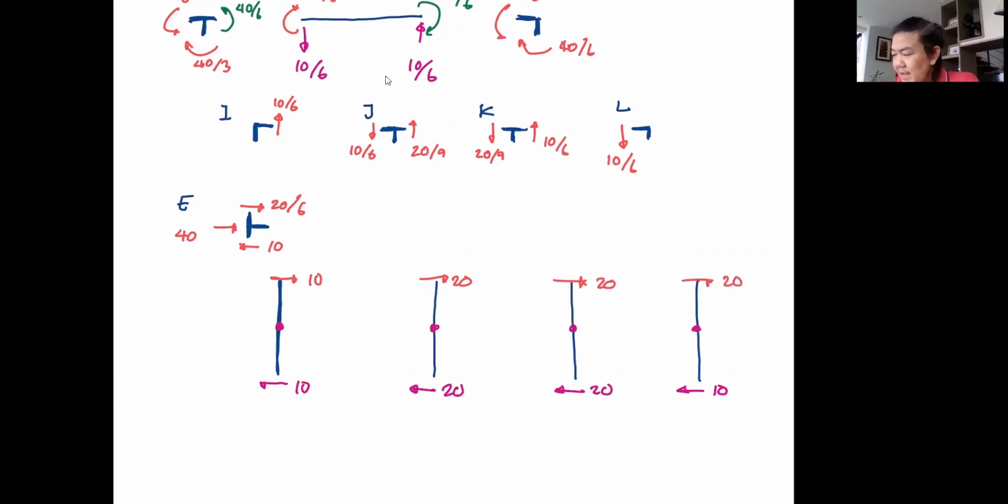And you can also go ahead and calculate the moment. This shear down here, this is 10. So you know that the moment is going to be in this direction. And the height here is how much again? Oh, 6 meters. So that is 3.